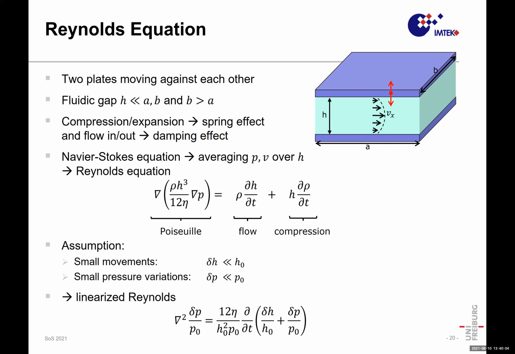So now we simplify again the Navier-Stokes equation. But we cannot be so simple as before, and therefore we have the partial equation that is given here, and we have to limit to very small displacements with respect to the height and respectively smaller pressure changes with respect to the total pressure.